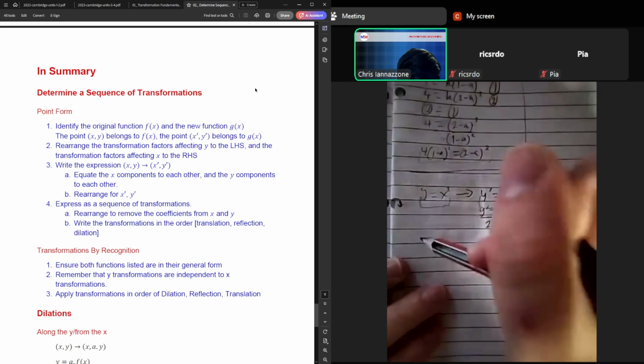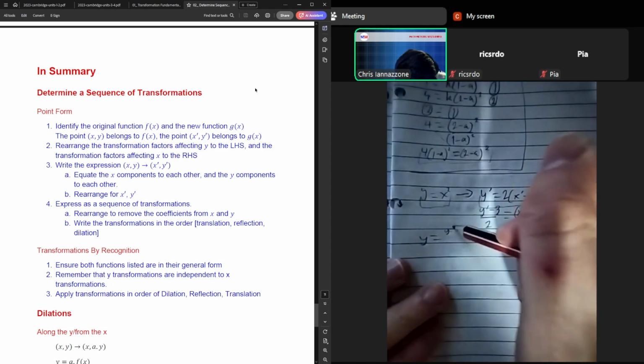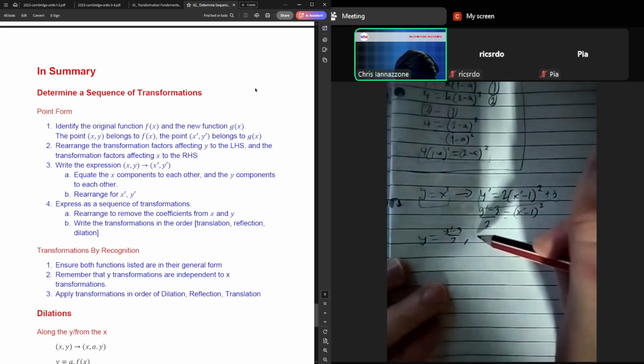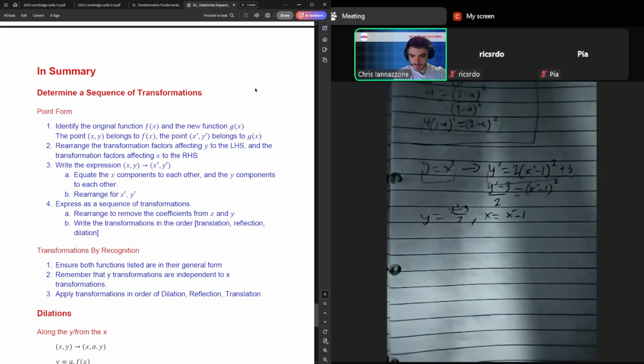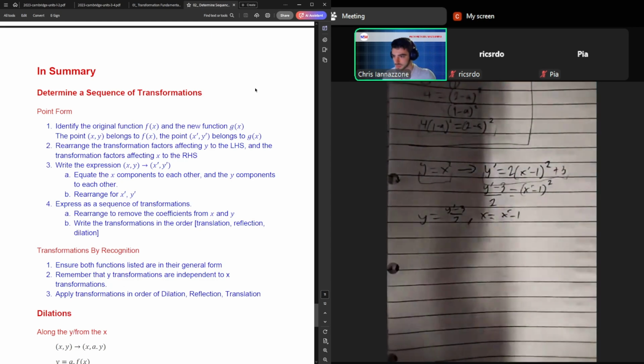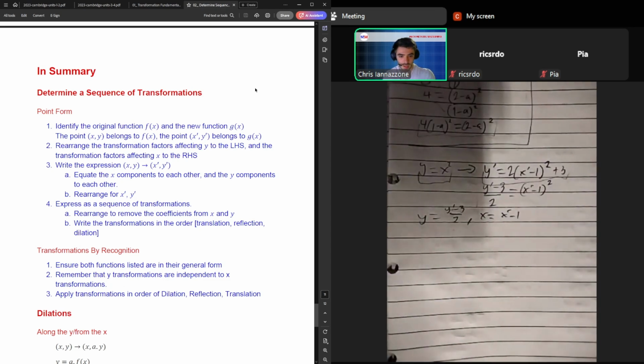Yes. Y equals y dash minus 3 on 2, comma, x equals x dash minus 1. Perfect. Okay. From there, rearrange for x dash, y dash.